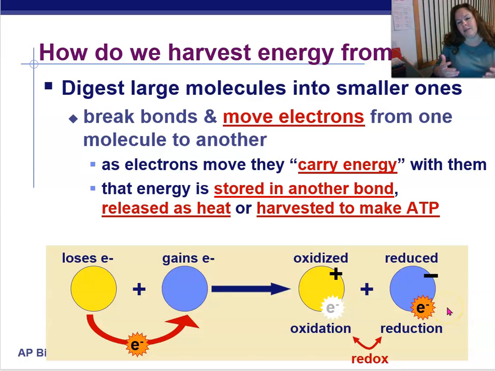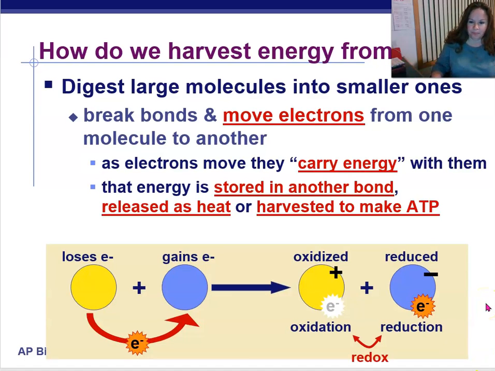So I just think of it, if I get a negative, then I'm reduced. So these are called oxidation reduction reactions, and that's basically what's happening during cell respiration, a series of oxidation reduction reactions where we move electrons from one molecule to the next in a series of small steps, one right after the other.